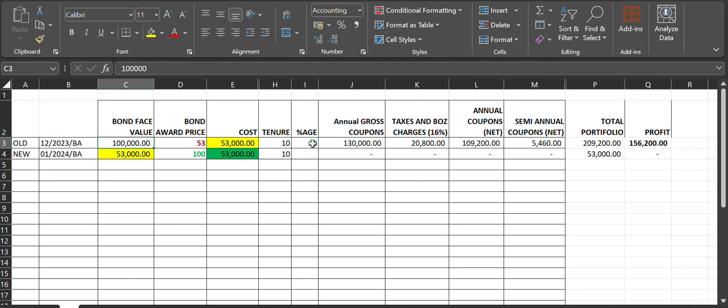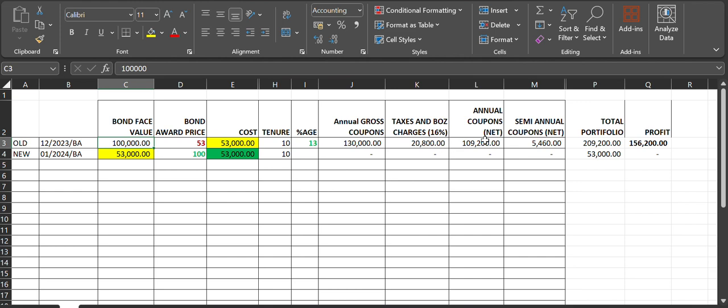What does that mean? Every year you would get 13% of 100,000 kwacha, which is 13,000 kwacha. Over 10 years, you multiply that 13,000 kwacha per year by 10 years. So your gross coupons were 130,000 kwacha, less the 16% taxes and BOZ charges.